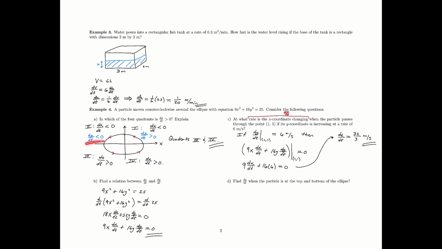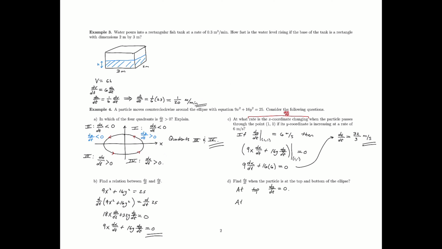So using ideas about continuous change, if the derivative is positive on this side and negative on this side, that means on the actual y-axis where the top is, the change would have to be 0, because we can't go from a positive value to a negative value unless we first pass through 0. That's just the intermediate value theorem. So at the top, dy dt must be 0.